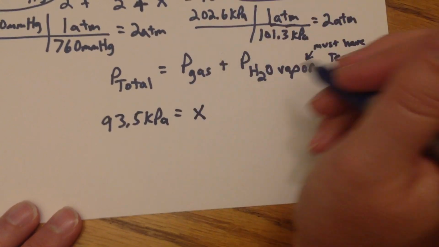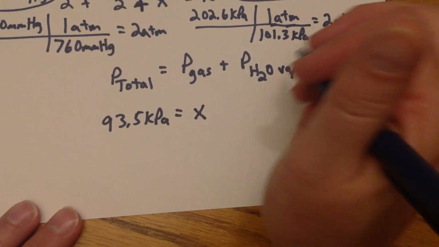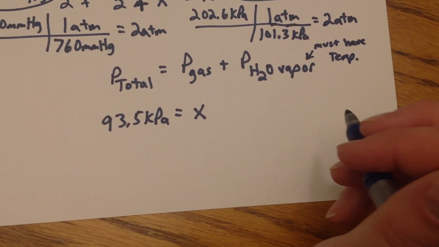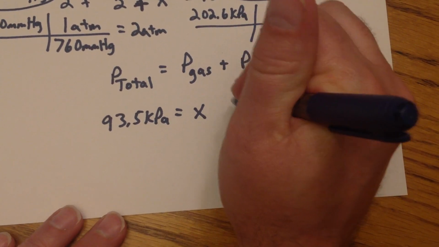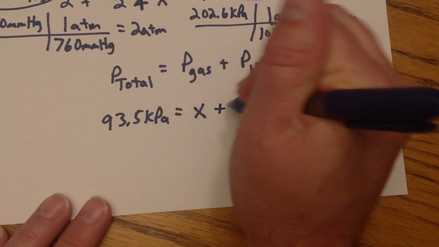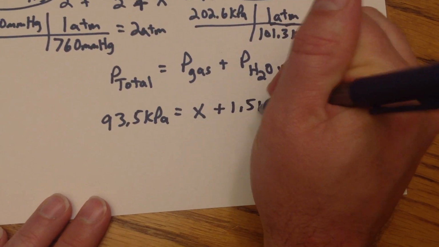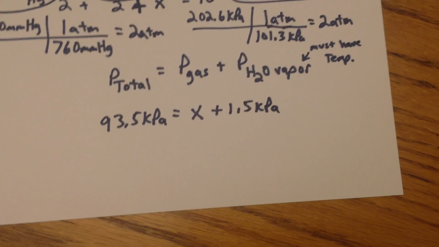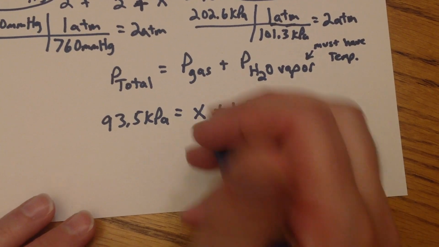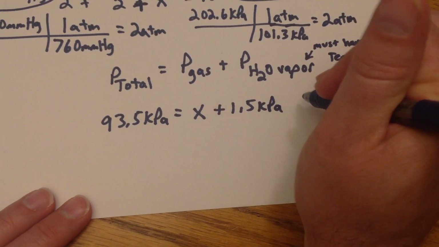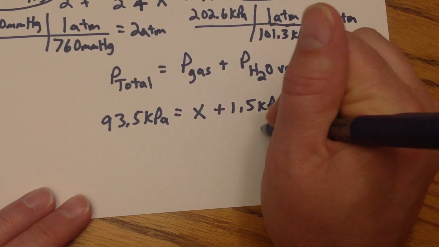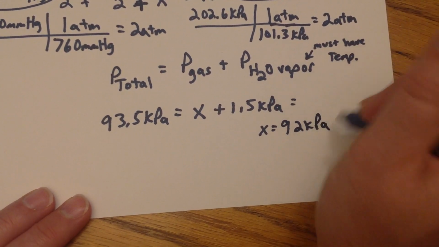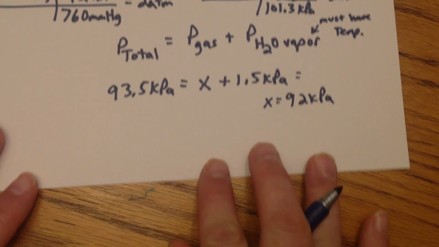You don't know the pressure of the gas, but you know that P vapor, you look it up from 13 degrees Celsius on the chart and you see that is 1.5 kilopascals. So how do you solve for X? You just simply subtract. So I'm going to subtract that out and get, I should say, X equals 92 kPa. All right, we'll do one last one here.